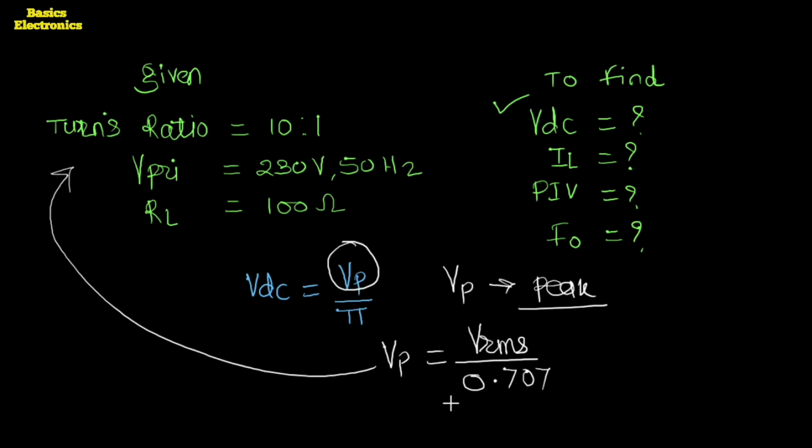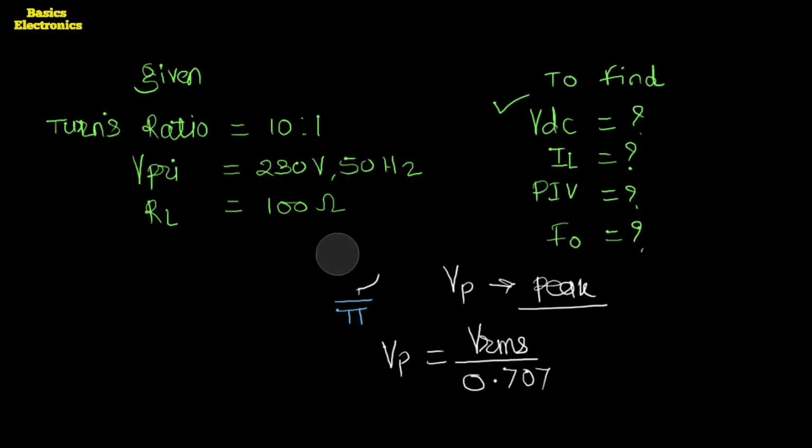We have to calculate the Vp by using the RMS value, but this RMS voltage of the secondary of the transformer is also not given. We are required to calculate this secondary voltage. Then how can we calculate it?